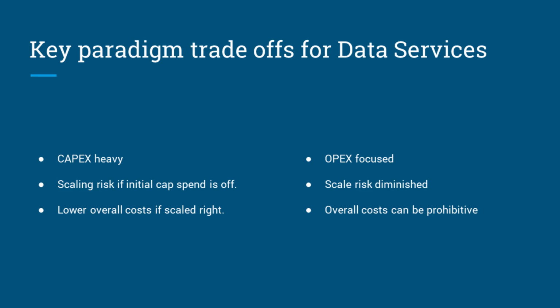And almost always, they correlate accordingly. To capital expenditure, things tend to have a scaling risk if that initial capital spend is off, per se. Like if you spend $5 million on servers and you get those deployed in your data centers and everything's going swimmingly, but then you realize about a year into the project that that wasn't the right amount and you need more, or worst case scenario, you need less.